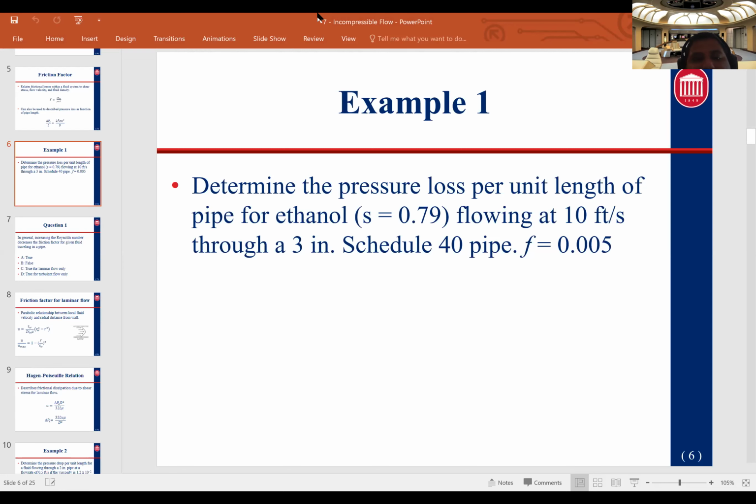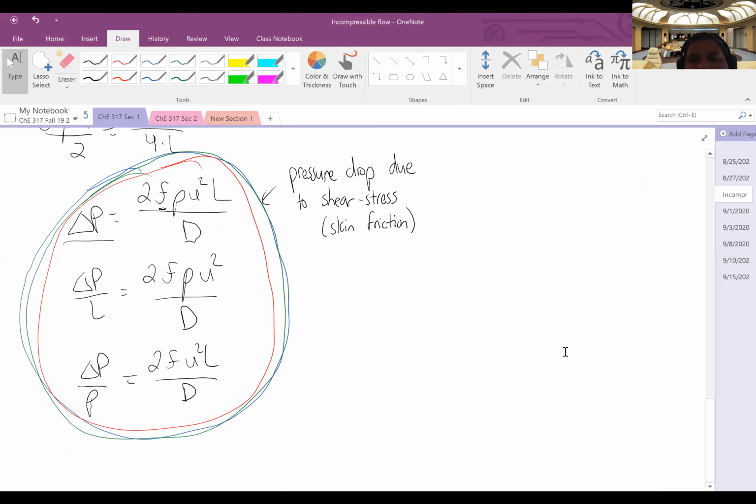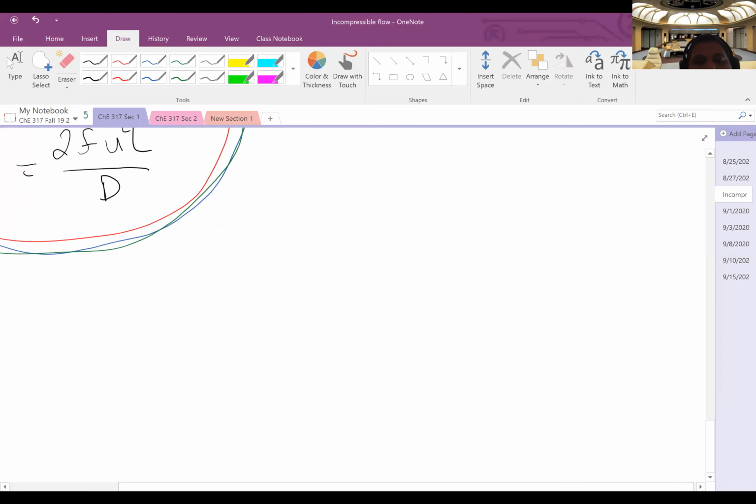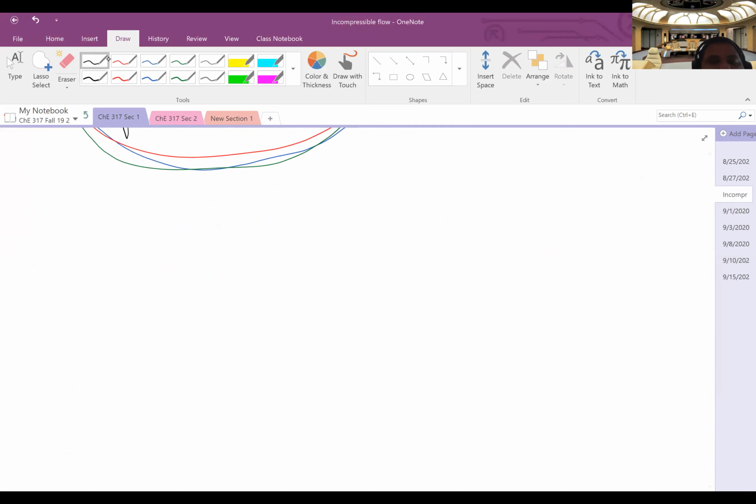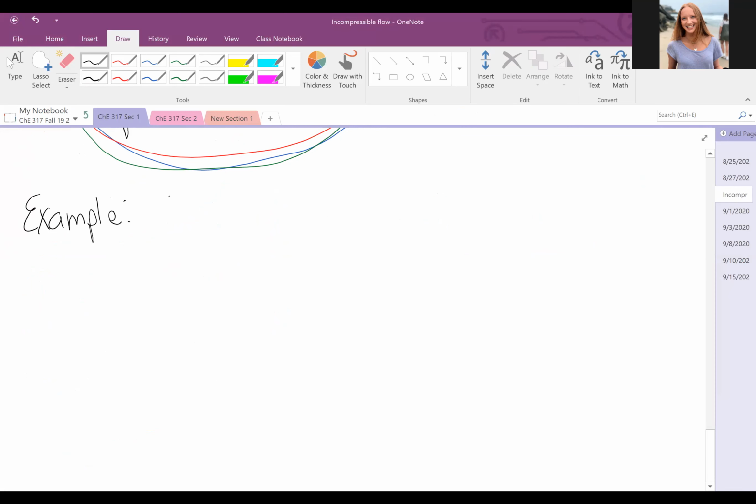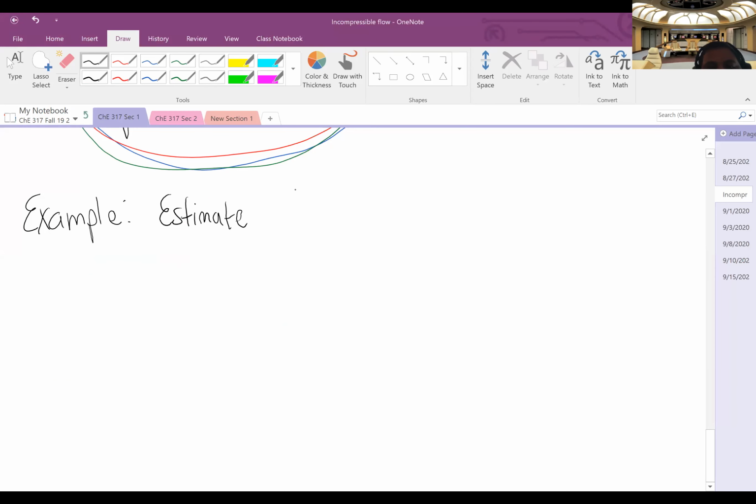So looking at this example, we want to estimate our pressure drop per unit length for ethanol.